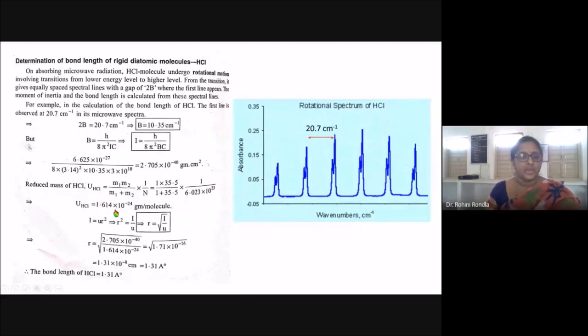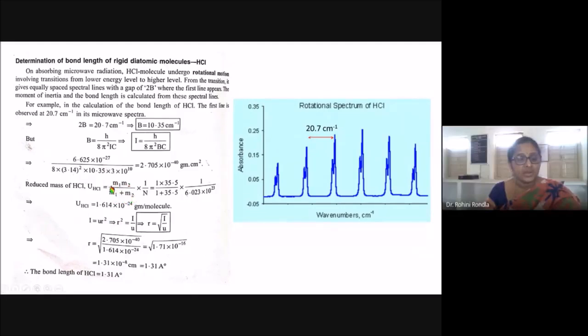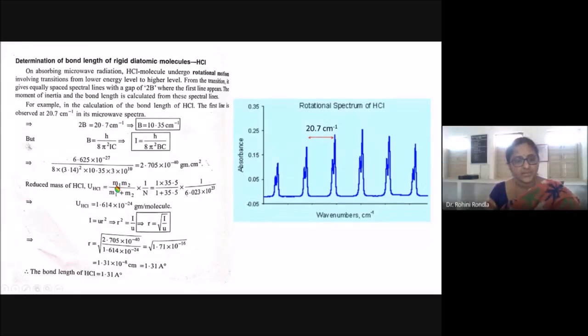Now we know that I is equal to μr square. ఇంత ముందే చెప్పాను, μ is reduced mass or effective mass, అవునా? I is equal to μr square. μ is equal to ఏమనుకున్నాం మనము, M1 M2 by M1 plus M2. What is M1? Mass of first particle. First hydrogen, right? Okay, mass of hydrogen.